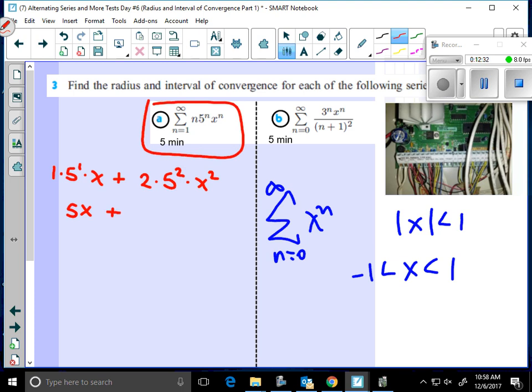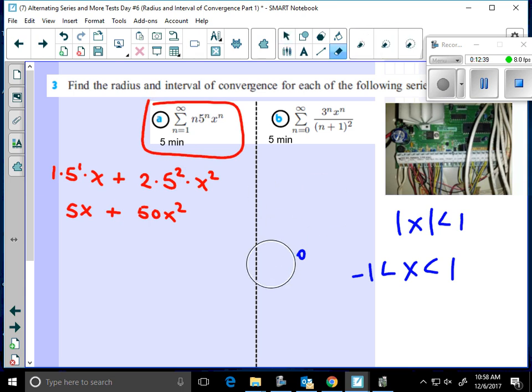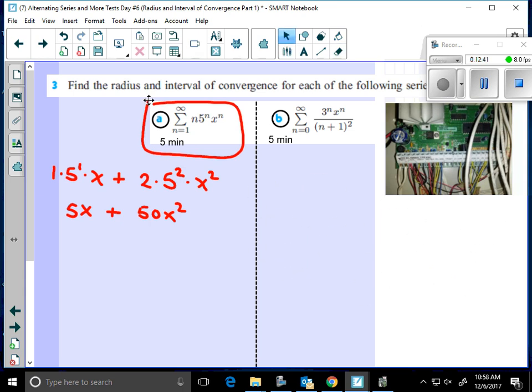So that would be 50x squared. Let's go to the third term just to make sure that nothing's getting crazy over here. So then it'd be 3 times 5 cubed times x cubed, which would be 375x cubed.